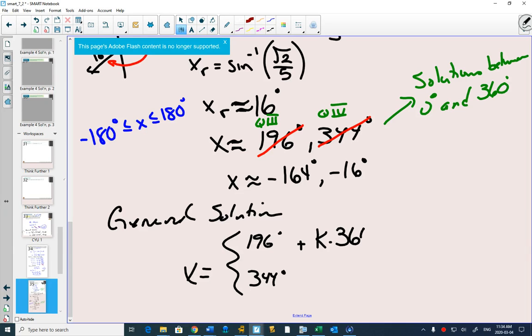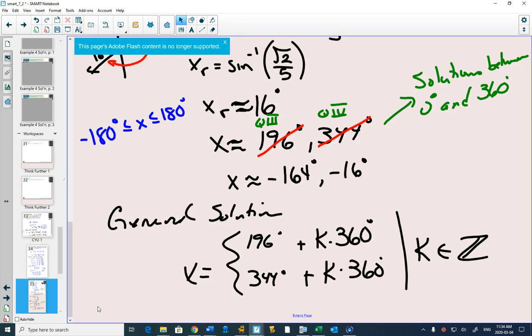Plus k times 360 degrees, where k is an integer. And then plus k360 would be the same because they're coterminal.